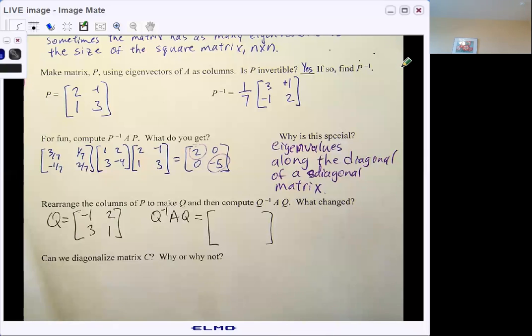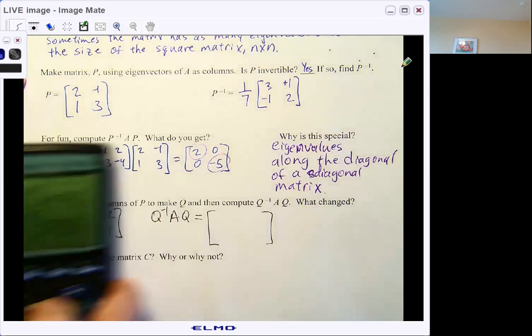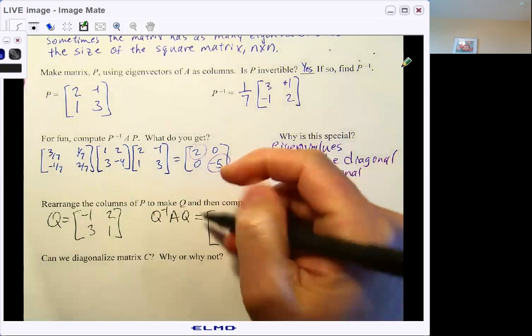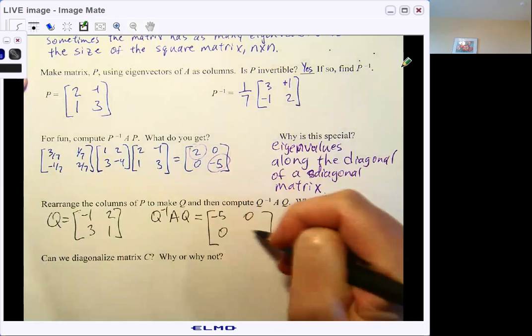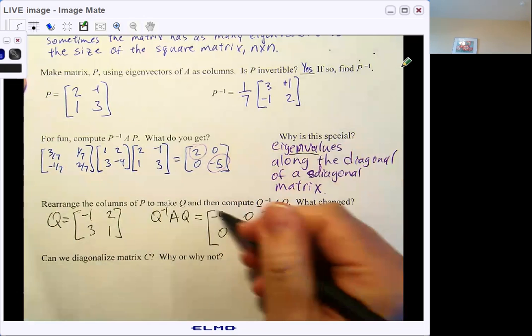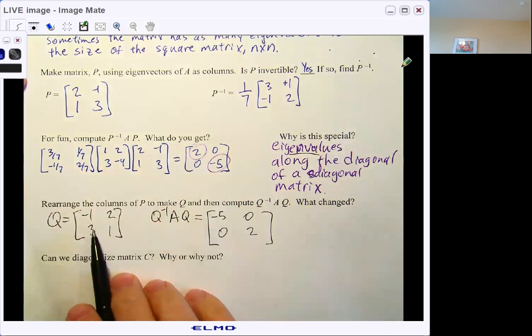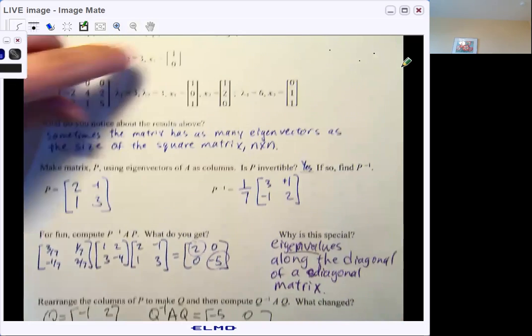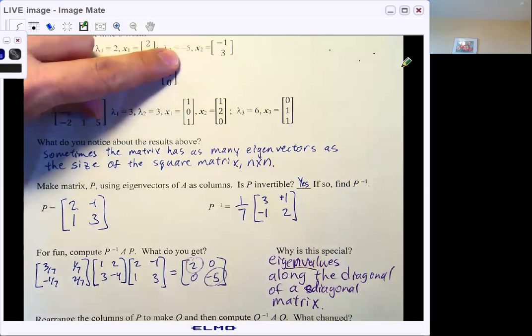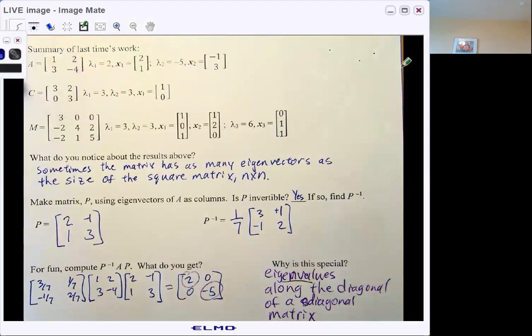Okay, we're back, and I had the calculator compute it. I get -5, 0, 0, 2. Again, the eigenvalues are along the diagonal of this diagonal matrix, but they switch places, because in the Q matrix the eigenvector of -1, 3 corresponds to the eigenvalue of -5, and the eigenvector of 2, 1 corresponds to the eigenvalue of 2.